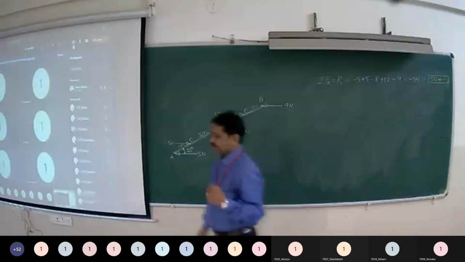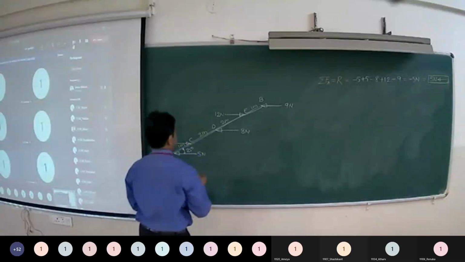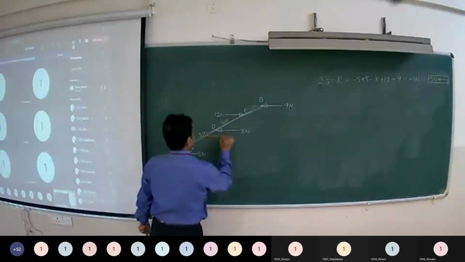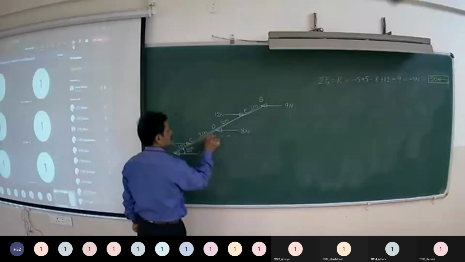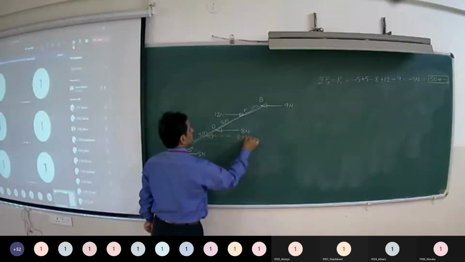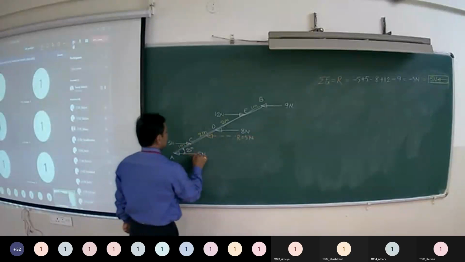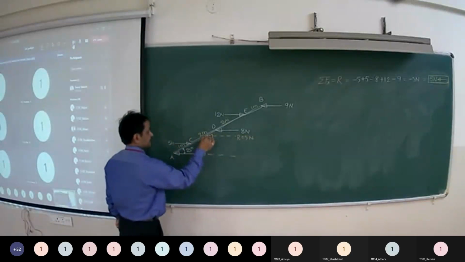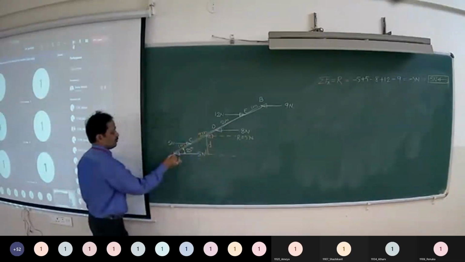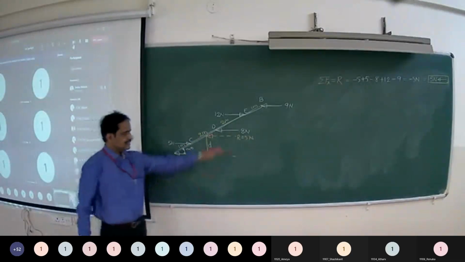Now to find out the position of the resultant, let the resultant be acting horizontally towards left at a perpendicular distance D from point A. Right?